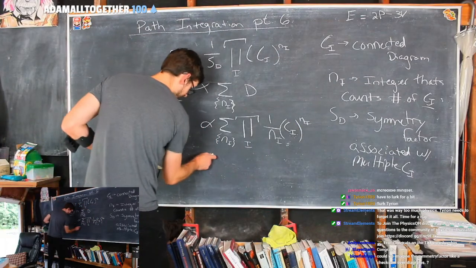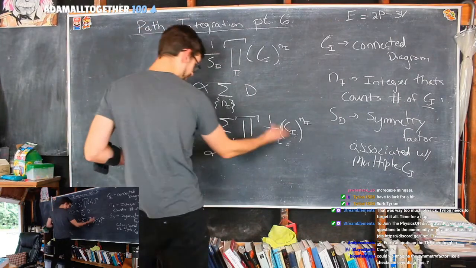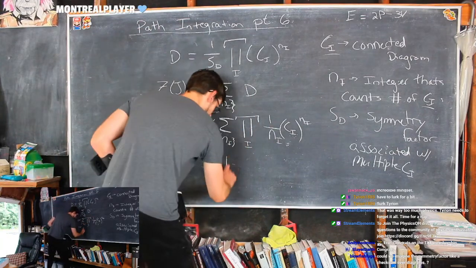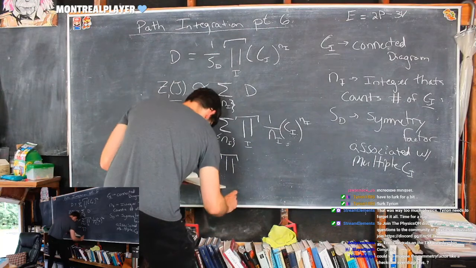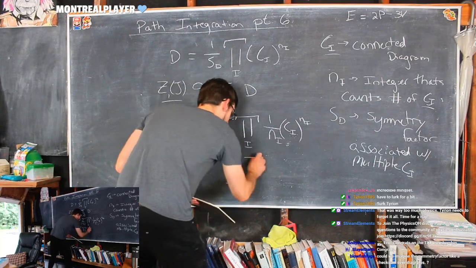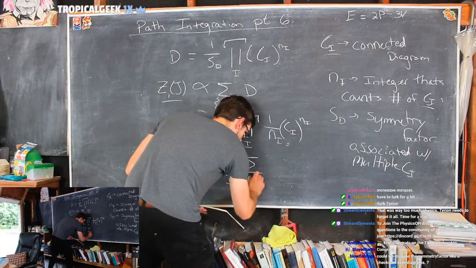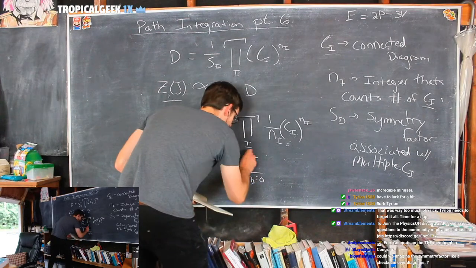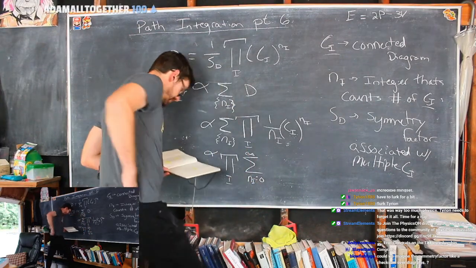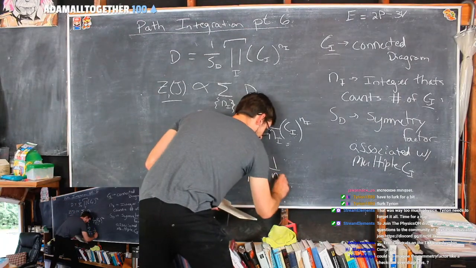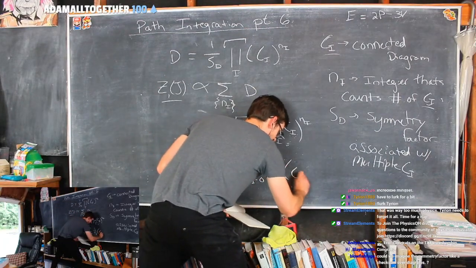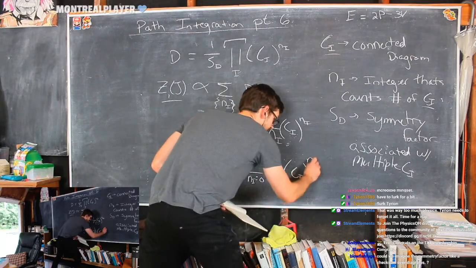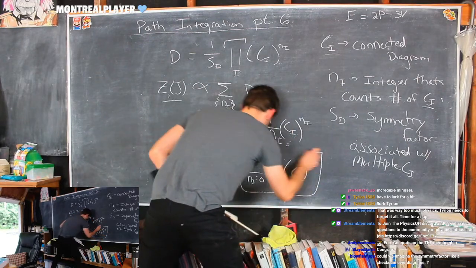Now, ready? Take this. Flip it, rearrange this. We're going to have the product over i, mathematicians hate him, of the sum from n_i equals 0 to infinity of 1 over n_i factorial C_i to the n_i. What does this look like? Who knows what this is?